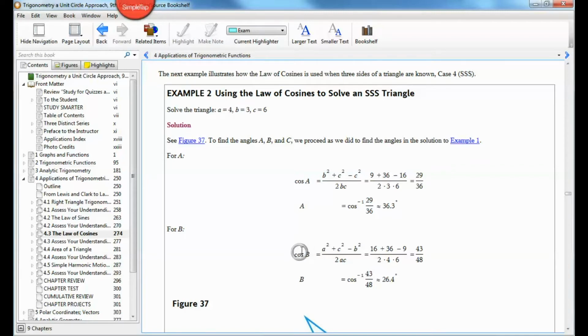Also, cosine of B is equal to a squared plus c squared minus b squared, all over 2ac. They got this one right. For some reason, though, there's supposed to be an a here instead of a c. It's supposed to be a squared.